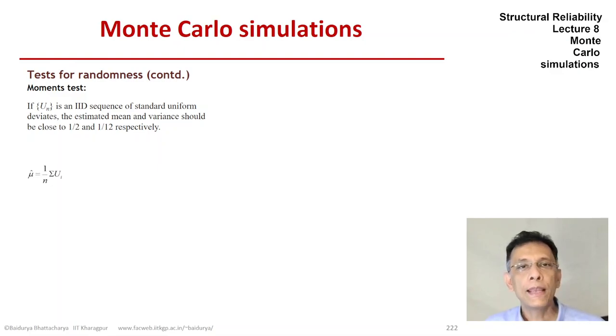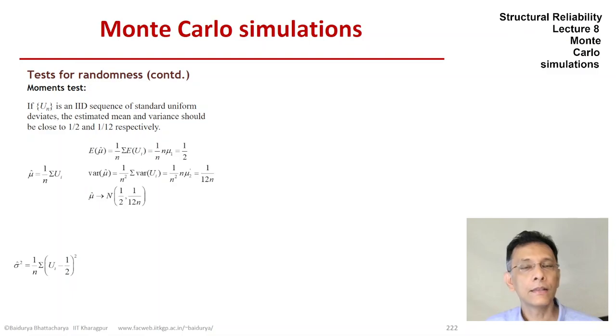So we can estimate the mean, and we can estimate the variance, and each of these is actually a random variable. The mean of the estimated mean is half. The variance of the estimated mean is 1/(12n), as you see. So we could set up the test of whether mu hat, the estimated mean, is normal with mean half and variance 1/(12n).